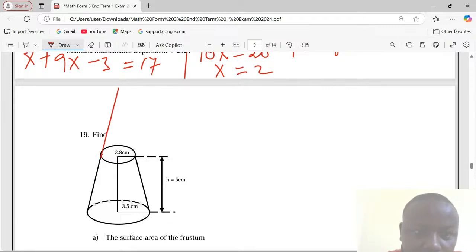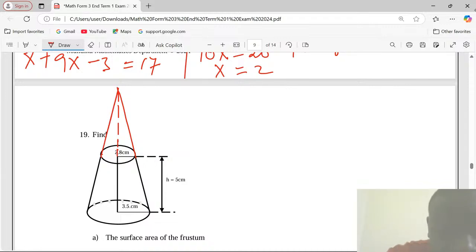So if this was our original cone, then we are having the height of the frustum. We can also get height of the original cone.